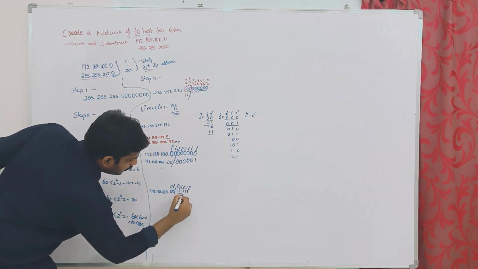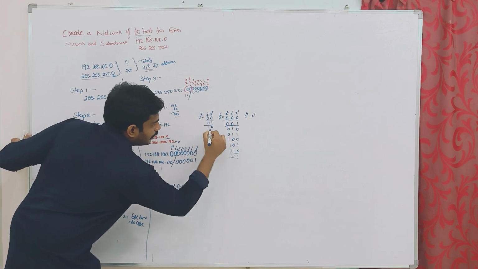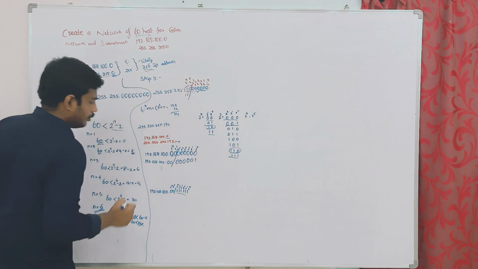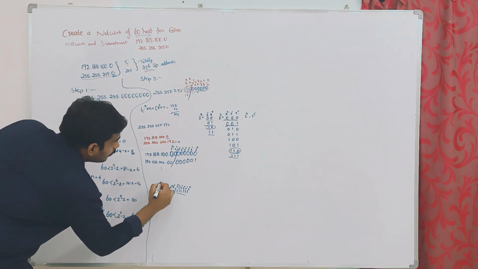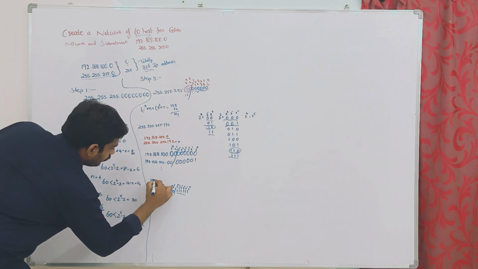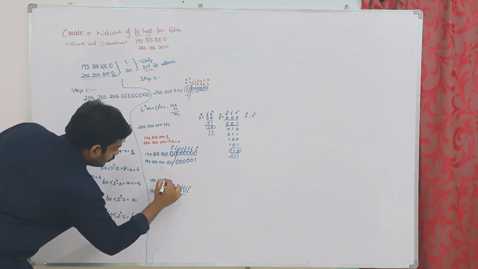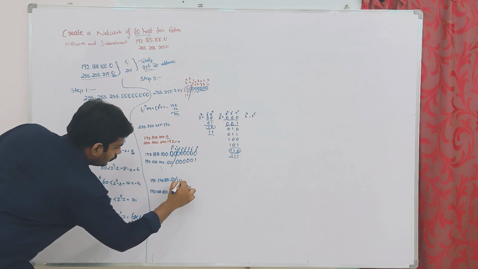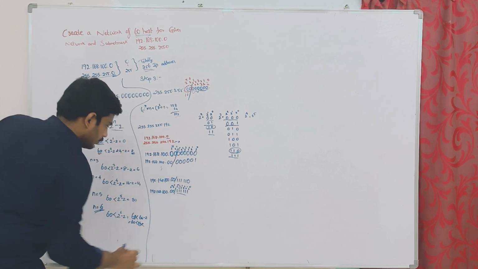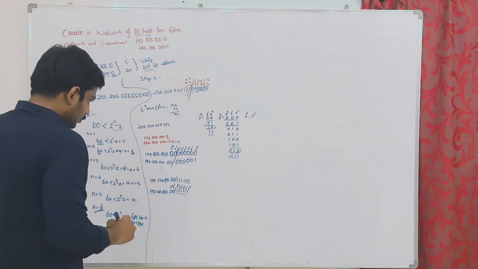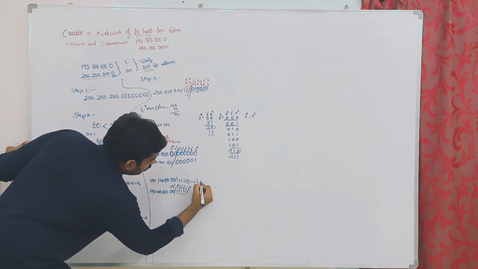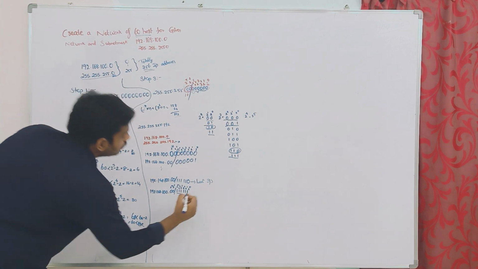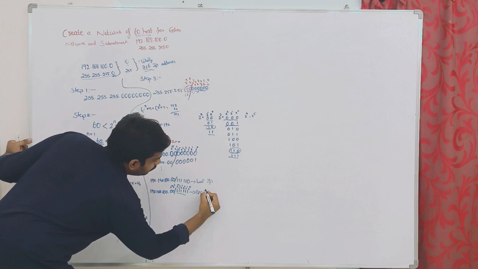And the last IP will be what here? 111110. Here I will write 192.168.100.00 followed by 111110. This is the last IP. This is the broadcast IP.